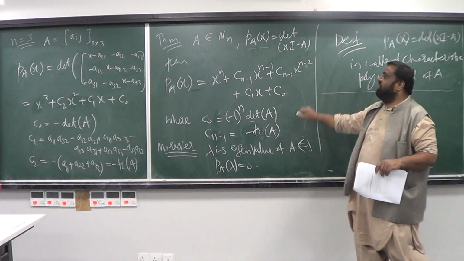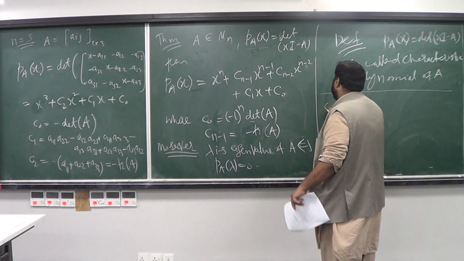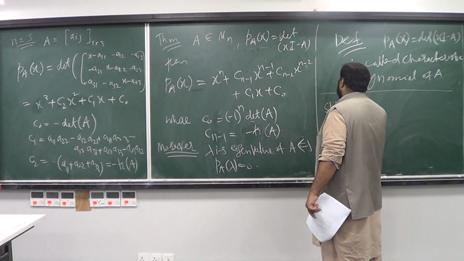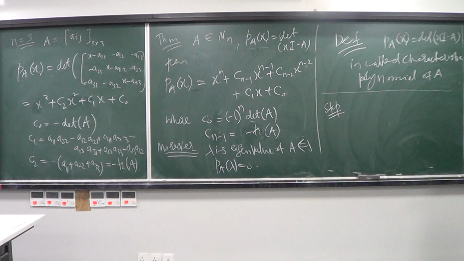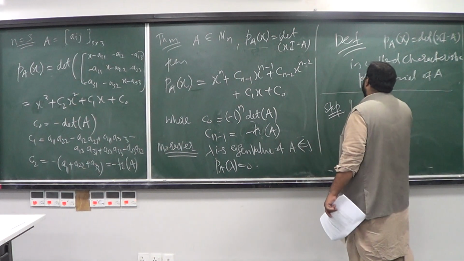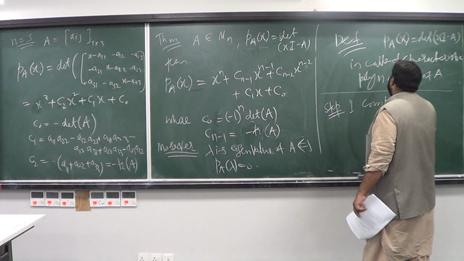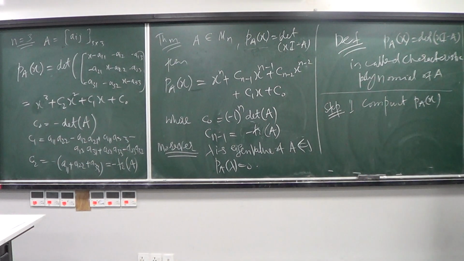Now, what would be the systematic way to find the eigenvalues and eigenvectors? Whenever for a given matrix you want to find the eigenvalues and eigenvectors, you have to take these steps. Step one, compute Pa of x for the given matrix.